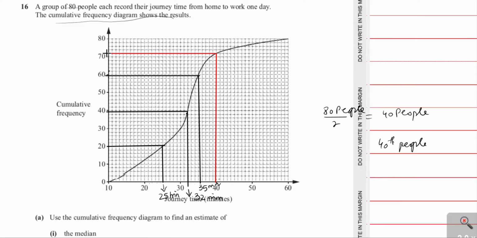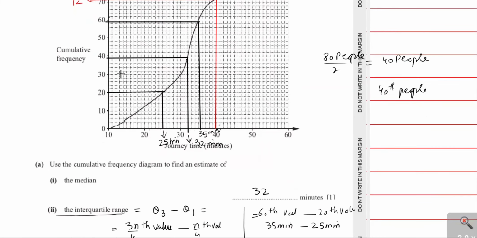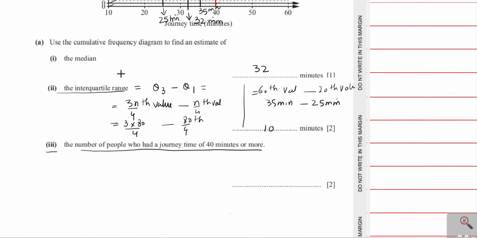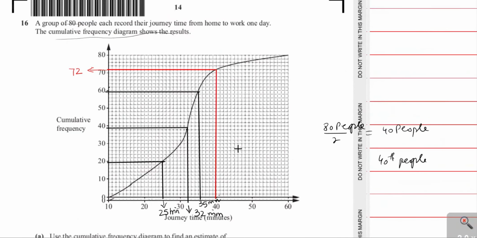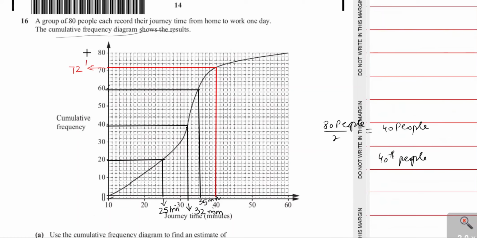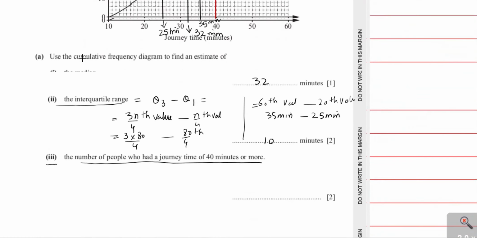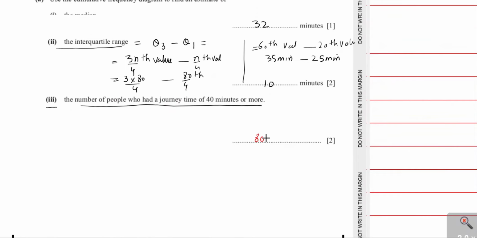This horizontal line meets the y-axis at this position, and this value here is 72. Therefore, for 40 minutes or more, the number of people will be from 72 to 80, and this difference is 80 minus 72, which is equal to 8, and 8 people would be the answer.